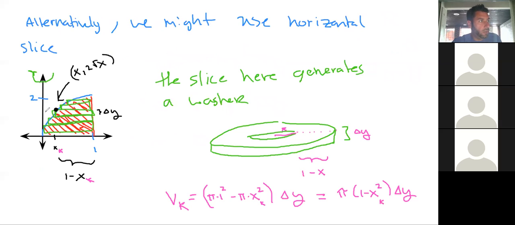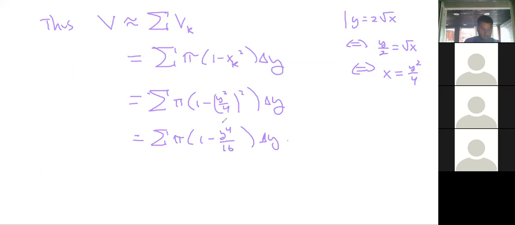Y starts at 0 and it ends at 2. Yikes. Okay, so if I go back to this page, this means if I take a limit, what is V? V is the integral from 0 to 2 of pi times 1 minus y to the 4th over 16 dy.